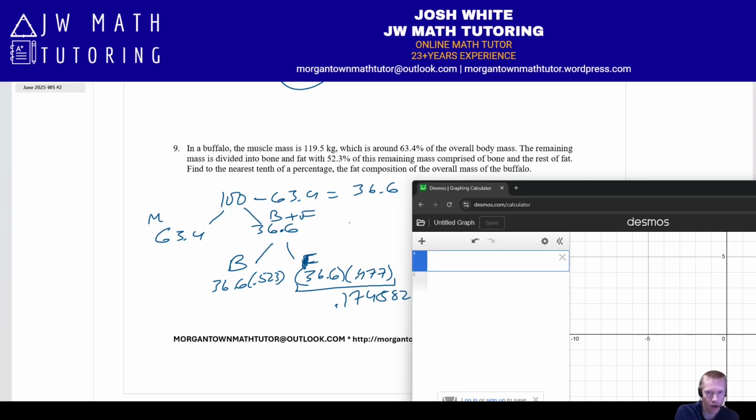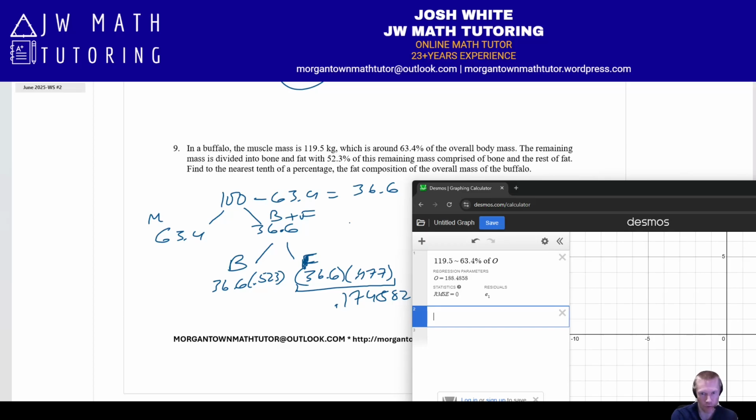All right, so I know that the muscle mass is 119.5 kilograms, and that is equal to 63.4% of, I'm going to call overall, O. Okay, there we go. So that's the overall mass.